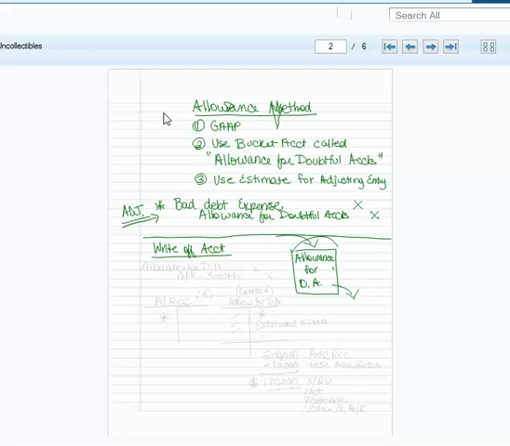Okay? So if we write off an account using the bucket method, using the allowance method, then we will debit not bad debt expense, but what? Allowance for doubtful accounts, and we'll credit accounts receivable Mr. Smith for the amount that he owes us, because we're not going to be able to collect that account.